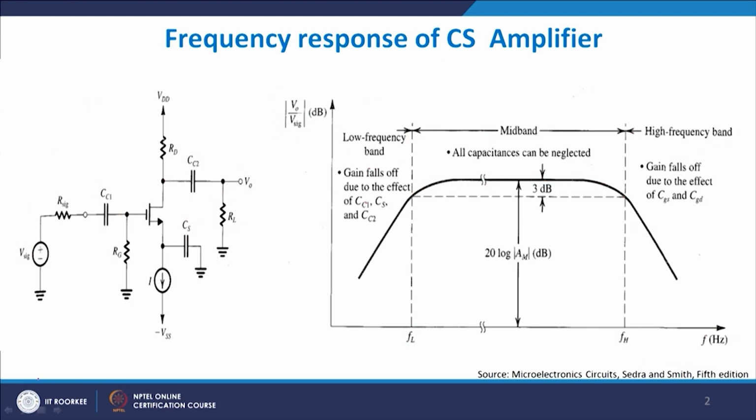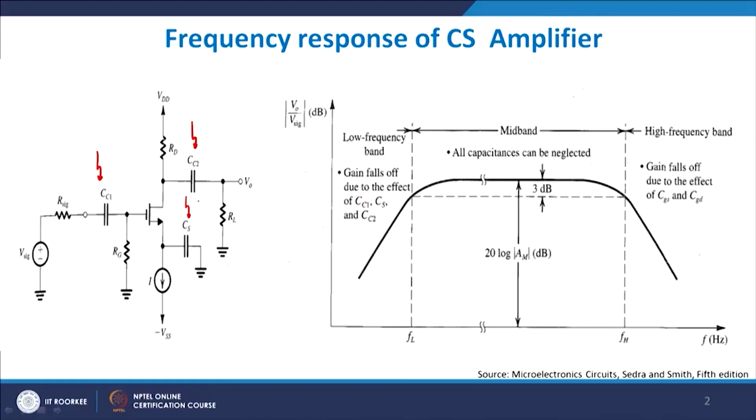If you remember your previous discussions, you will appreciate that you will always have a coupling capacitor here and a coupling capacitor here, and you have a CS, which is basically a source capacitance. Now, why were these capacitances used initially?